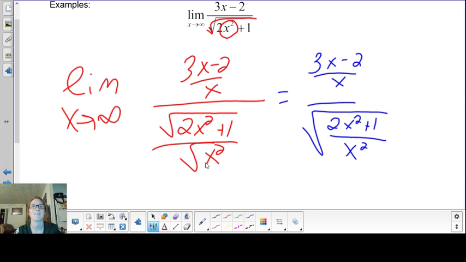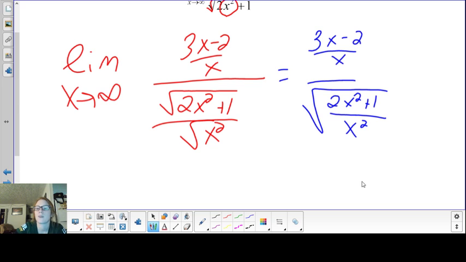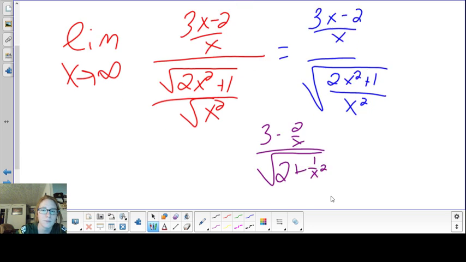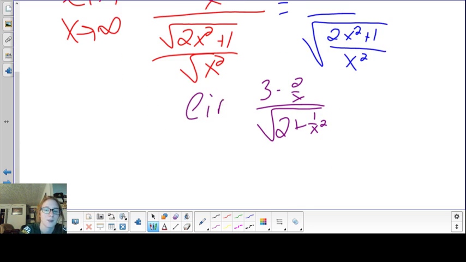But because they have the same radical, I can bring it under. And now I can start canceling stuff. So if I look at the top, I'm left with 3 minus 2 over x. And on the bottom, I'm left with the square root of 2 plus 1 over x squared. And that still has the limit in front of it. I haven't taken it yet.